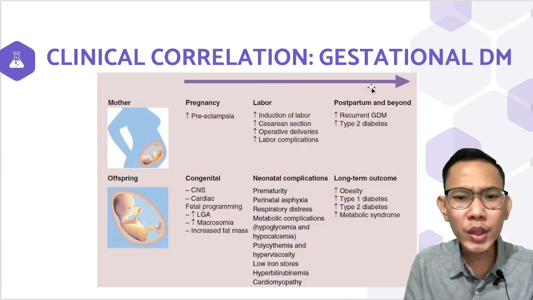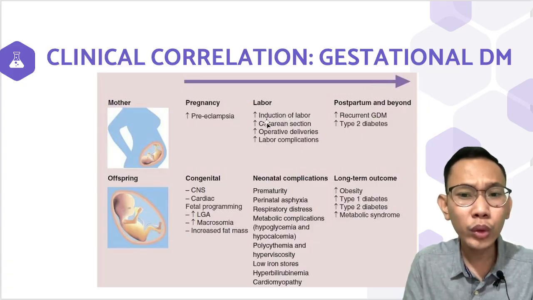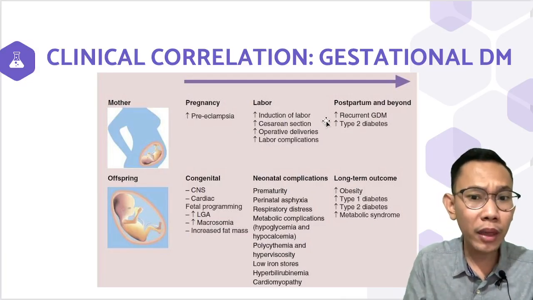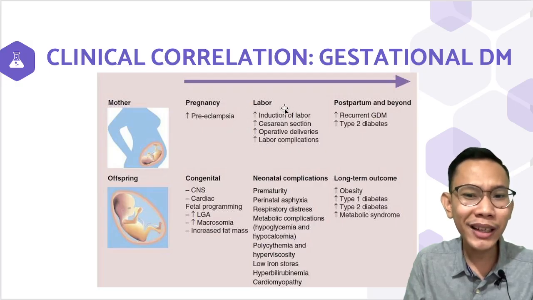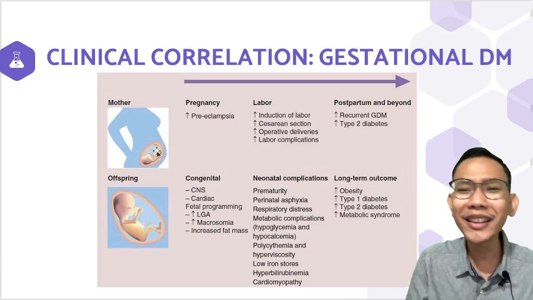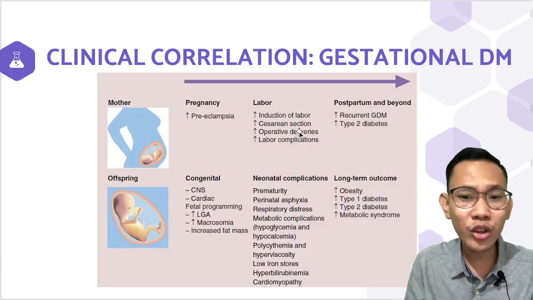Pwedeng mag-induce ng labor because sobrang laki na ng baby, that will lead to the induction of labor, stimulate your labor kahit hindi pa buwan ni mother. Okay, sinabi ko, cesarean section kasi malaki ang baby, hindi niya kayang vaginal delivery. You should be delivered through cesarean section. So, magkakaroon ng operation and possible labor complication.